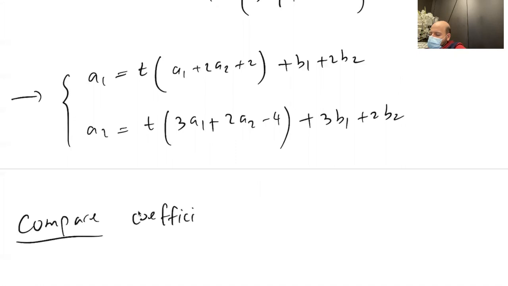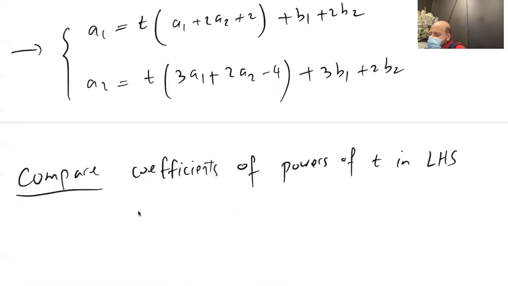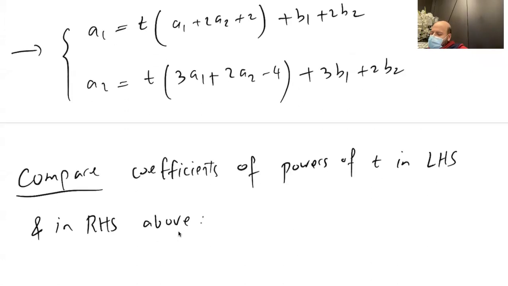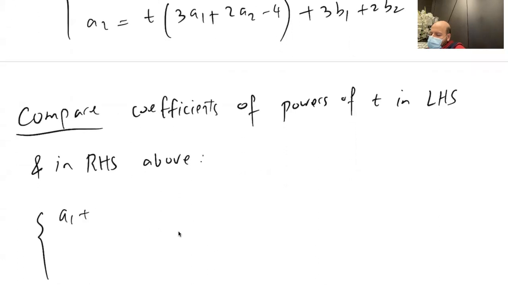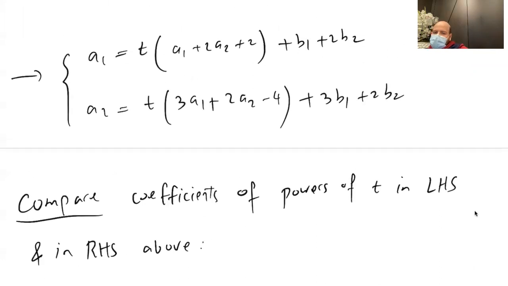Now if I compare coefficients of powers of t in left hand side and in right hand side, then I can say that coefficient of t in the right hand side, the first equation is a1 plus 2a2 plus 2, so that has to be 0. In the right hand side I have some t term, and left hand side I don't have any t term. This is just a constant.